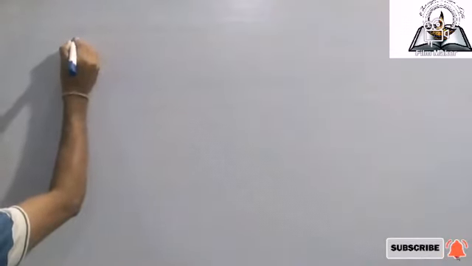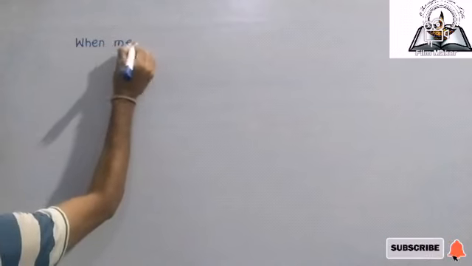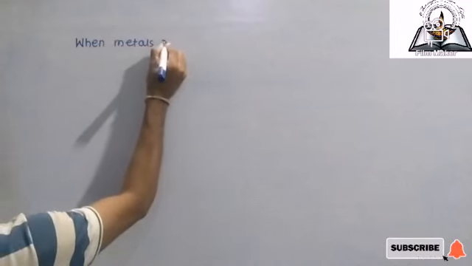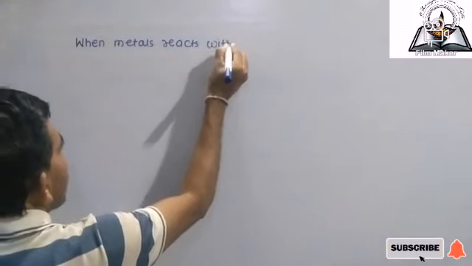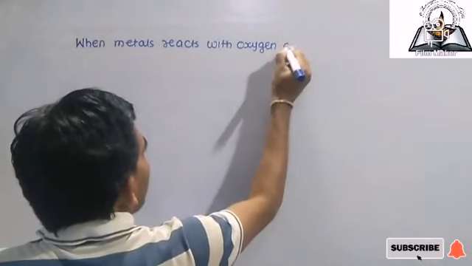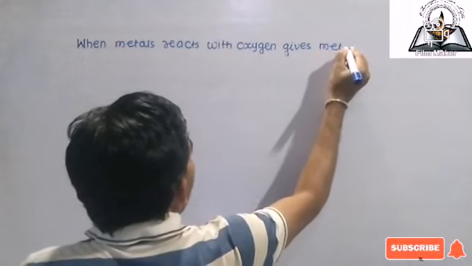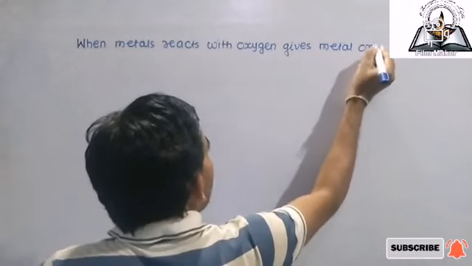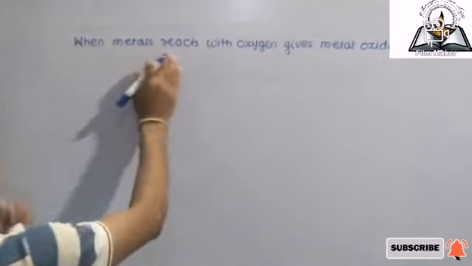First one is the statement: when metal reacts with oxygen, it gives metal oxide.